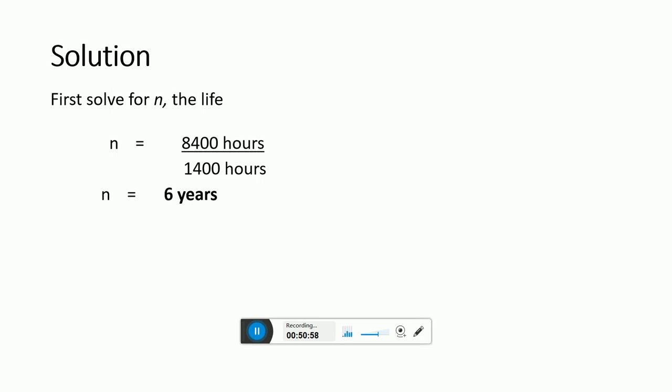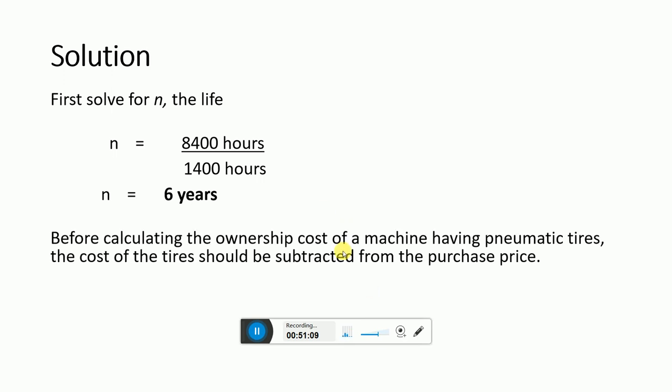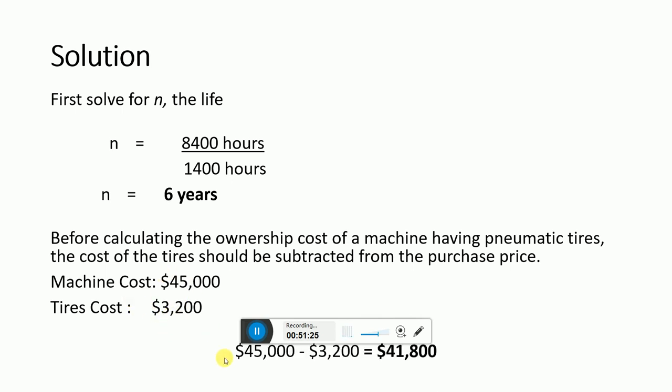Therefore, before calculating the ownership cost of the machine, the cost of the tires should be subtracted from the purchase price. So the machine cost is $45,000 and the tire cost is $3,200. So we got $41,800 cost, without the tires.